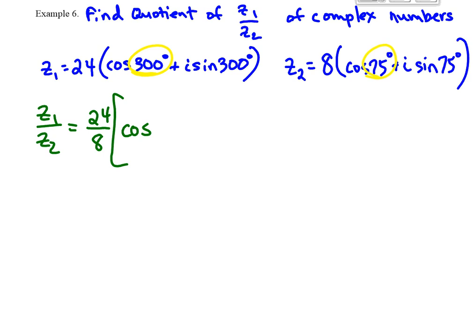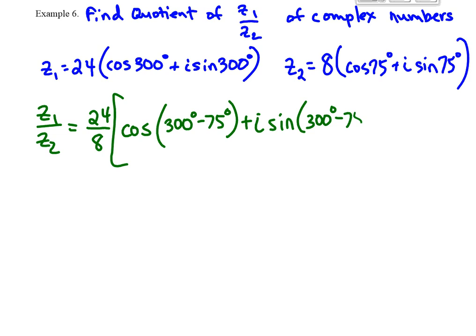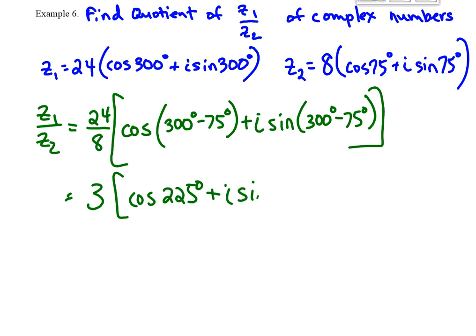So it's going to be 300 degrees minus 75 degrees, plus I sine 300 degrees minus 75 degrees. Then we work our arithmetic. 24 divided by 8 is 3. This is cosine 300 minus 75 is 225 degrees, plus I sine 225 degrees.